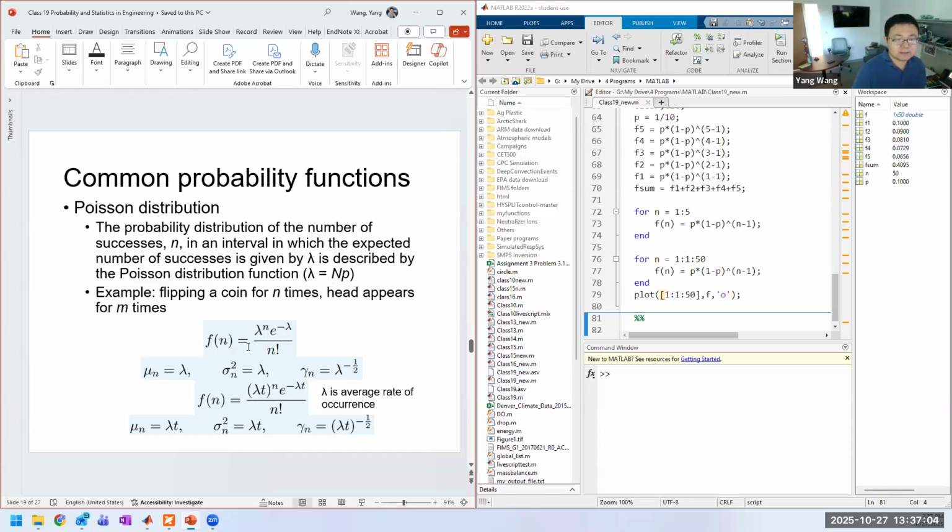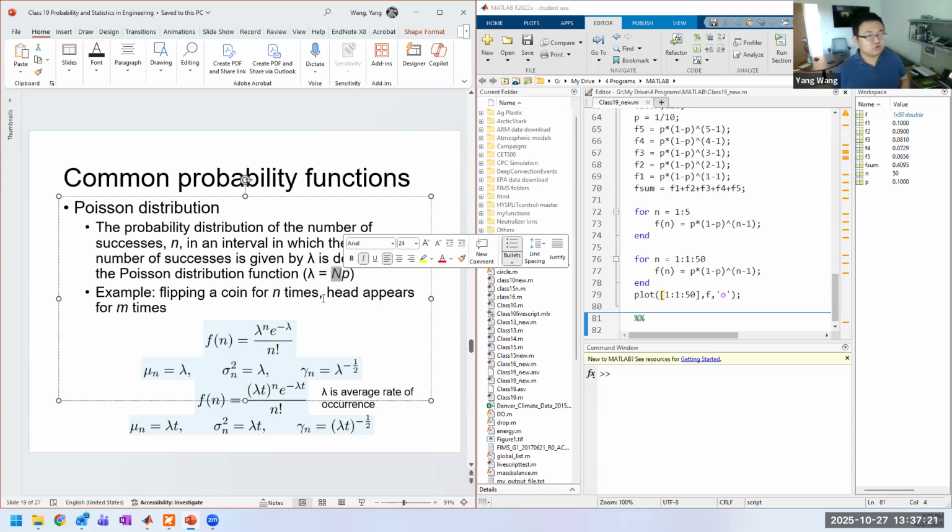So the way you calculate that, if you're talking about a discrete distribution, is that the probability function is going to be equal to lambda, where lambda is the uppercase N multiplied by p. The uppercase N is the number of trials, and p is the probability, or the exceedance probability.